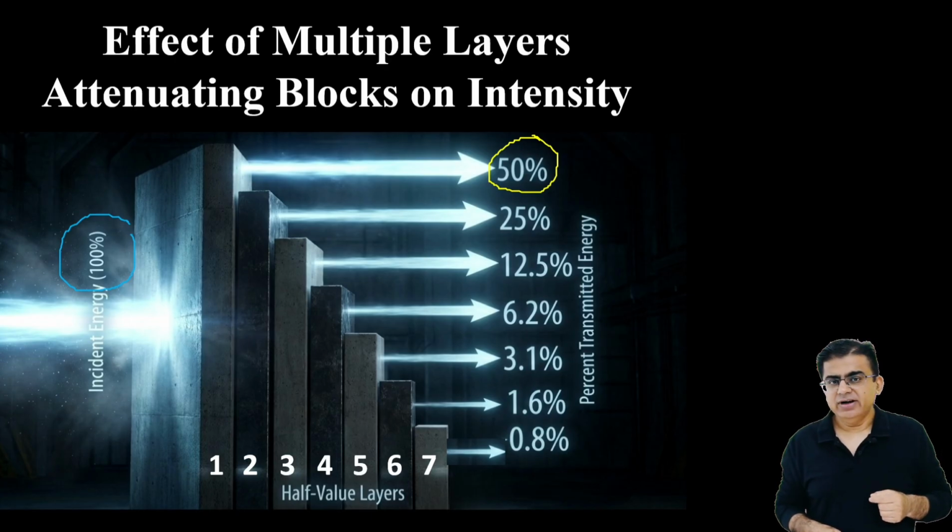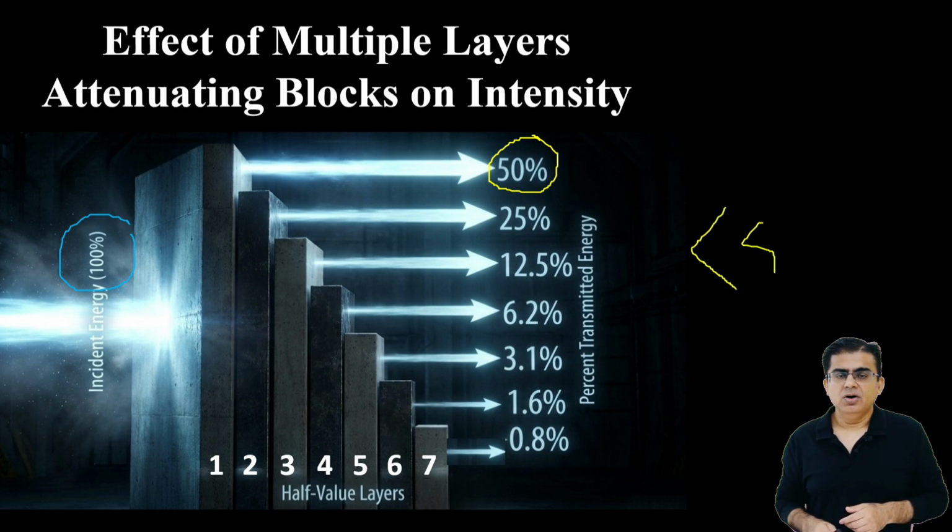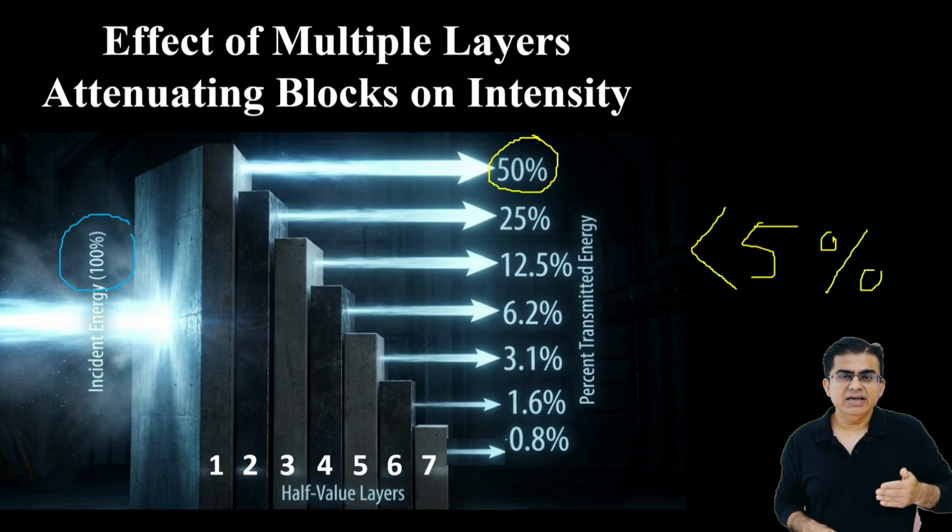To achieve adequate blocking, standard guidelines state that the beam transmission must be reduced to less than 5%. Or you can say that at least 95% of the beam intensity should be blocked by the shielding block.